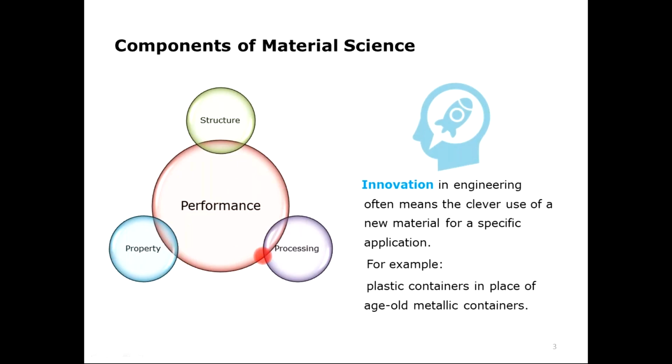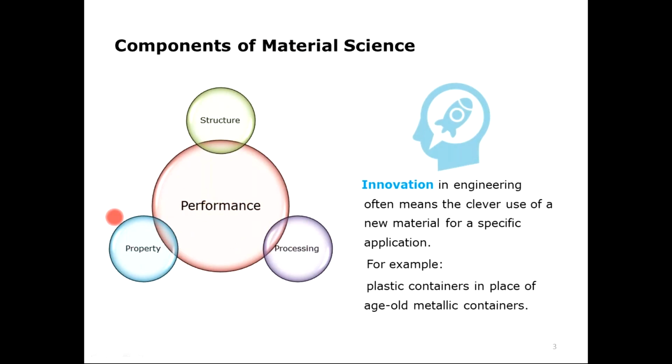But again, both components will not help, we require the exact structure. As you observed in the earlier slide, though graphite lead and the diamond come from the same material, both have different properties, different processing and structures, and based on that, though the material is same, we get different performance.